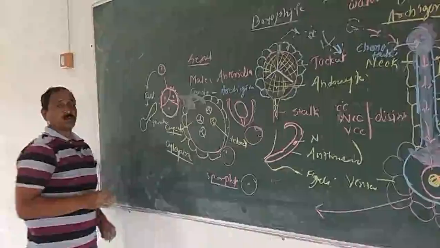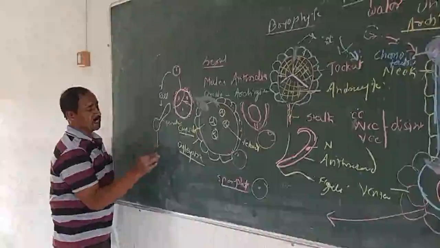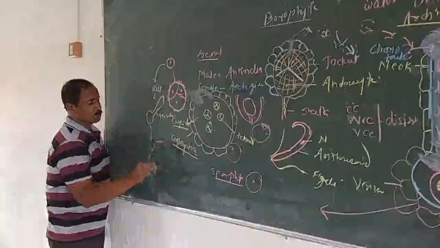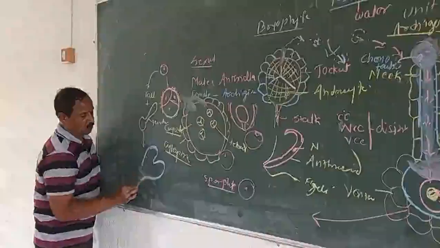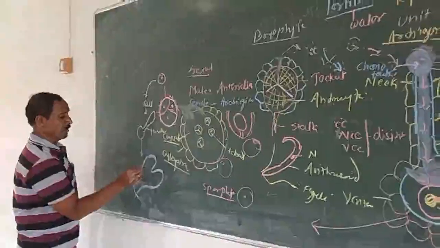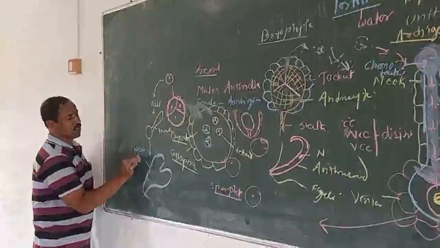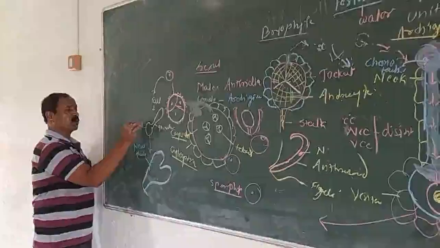When the germ tube increases, the cells divide and there is formation of the new thallus of Riccia. This is the new thallus of Riccia, from spore germination.